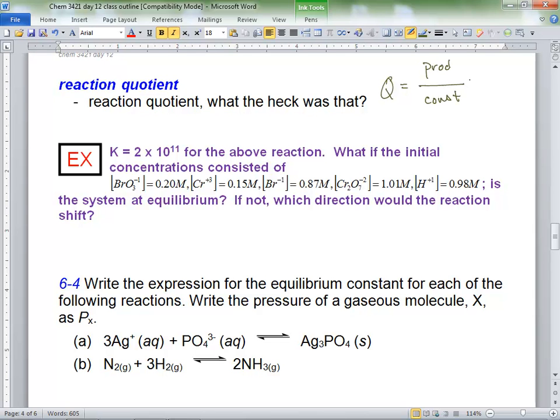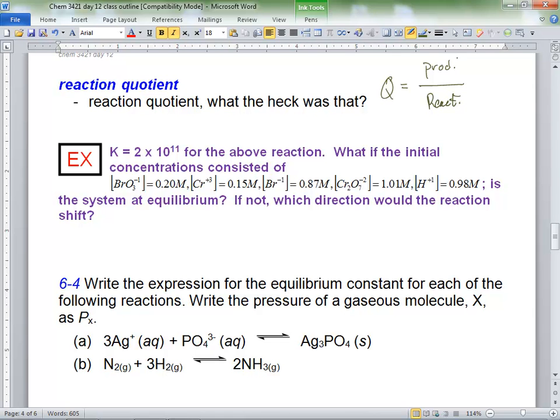Well, if it's just products over reactants, the exact same expression as an equilibrium constant, why don't we use big K then? Well, they're all concentrations.